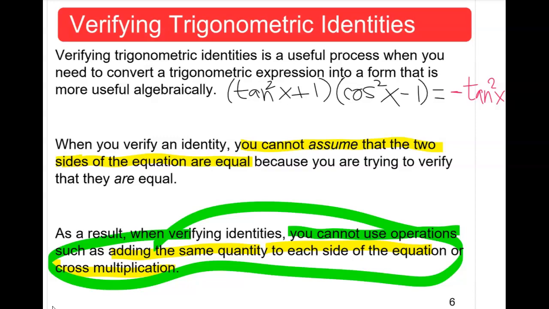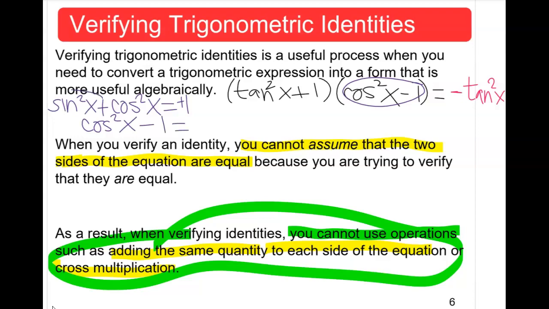So what I'm going to do here is refer to the Pythagorean identity, and that one will come in handy a lot. And then I am going to try to make it look like the one that we see here inside the parentheses. So if I leave my cosine square x on the left side, take the positive one from the right to the left, it will be a negative one.